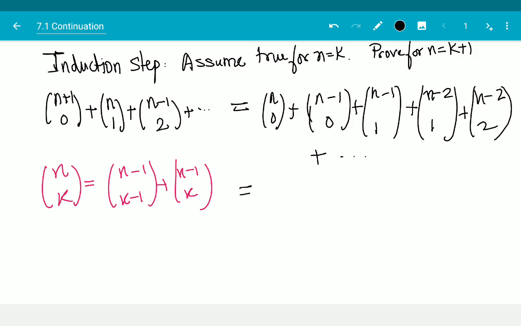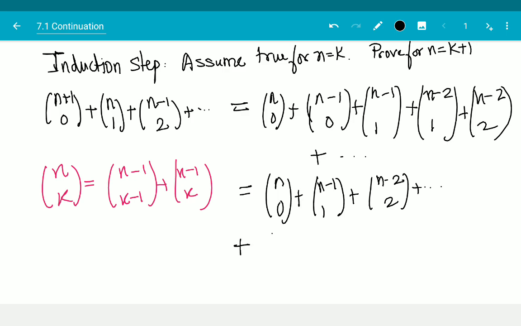And now I'm going to rearrange these terms. N choose 0 plus n minus 1 choose 1 plus n minus 2 choose 2 plus dot dot dot plus n minus 1 choose 0 plus n minus 2 choose 1 plus dot dot dot.